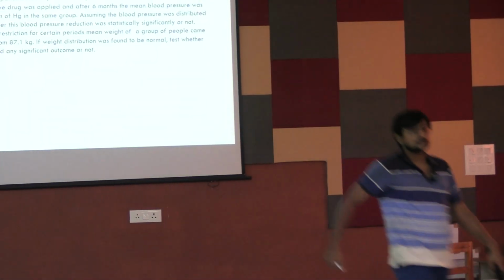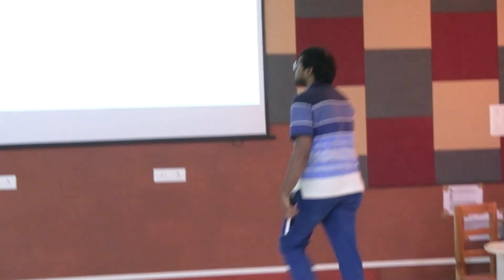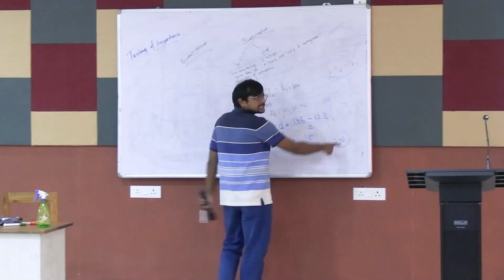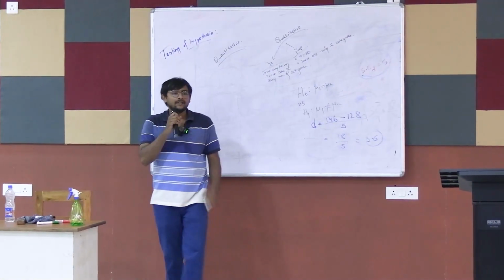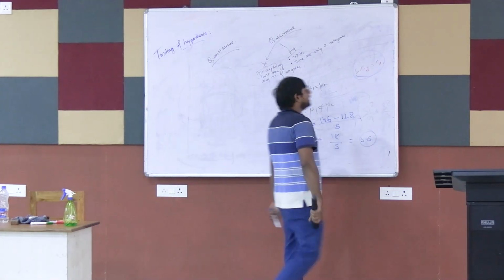I calculated this whole thing and told you 5. Understood? Since it is not given here, I improvised and said it. So the value comes out to be 3.6, correct? Is it greater than 1.8?